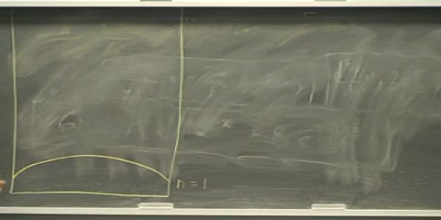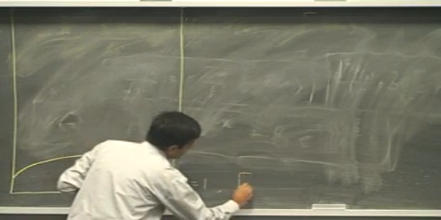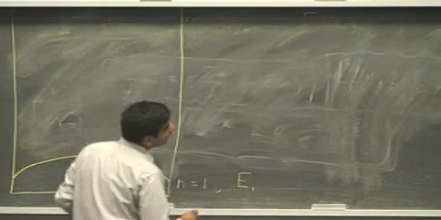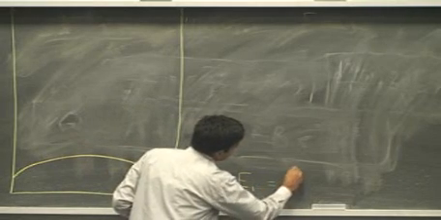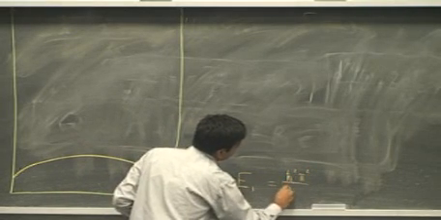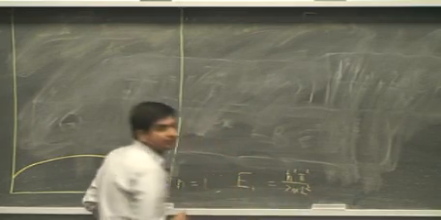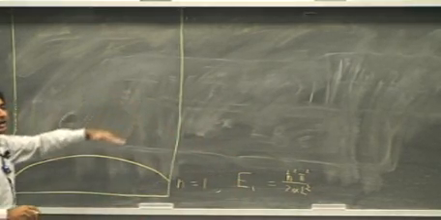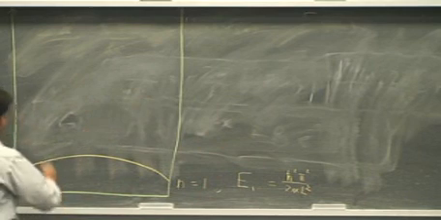It's a standing wave of this kind, and the energy is E1. It is equal to h bar squared pi squared over 2mL squared. For n equals 2, I have the first harmonic, another standing wave.